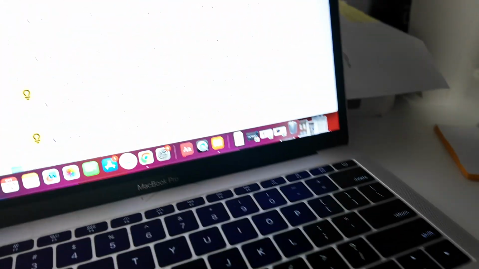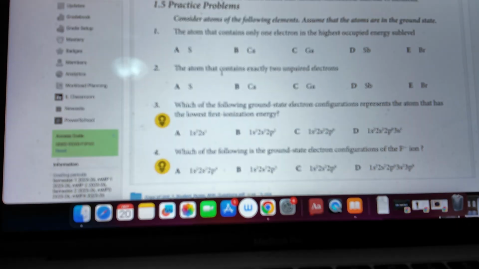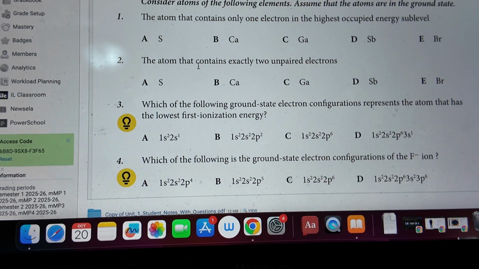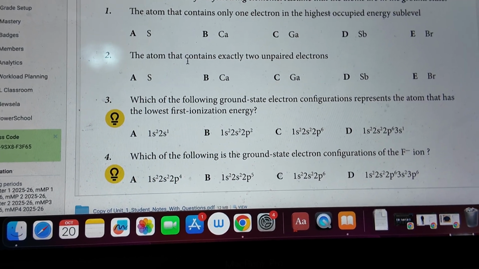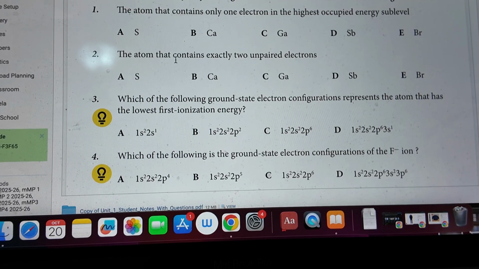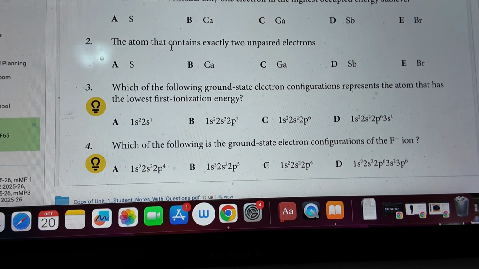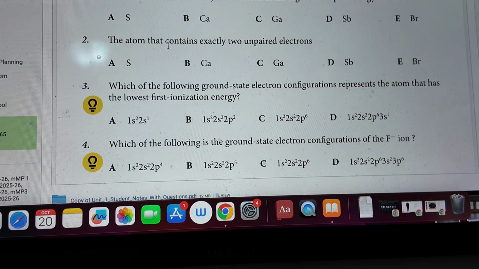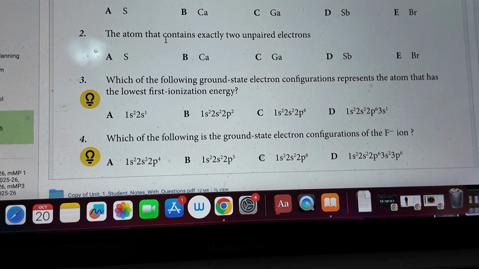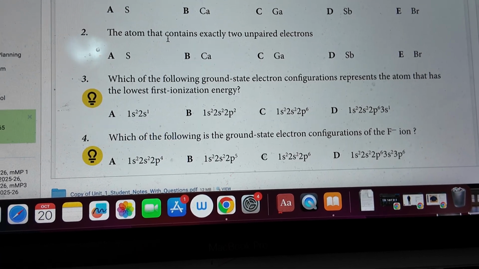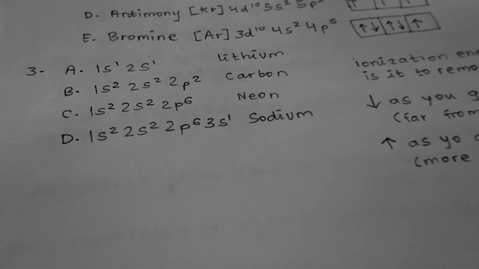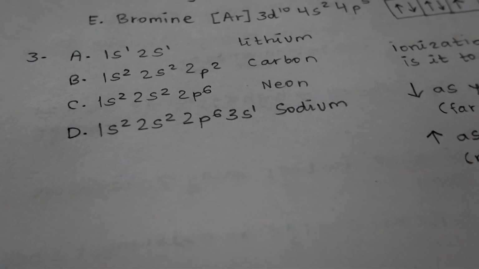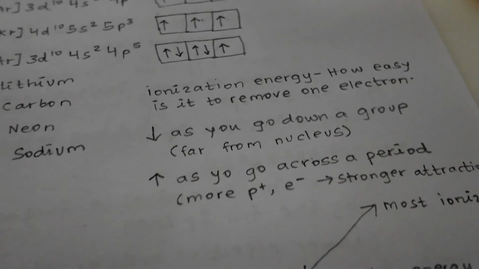Okay, let's look at the next question. Which of the following ground state electron configurations represents the atom that has the lowest ionization energy? Okay, so first of all, what is ionization energy?